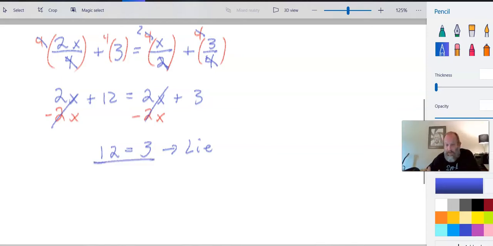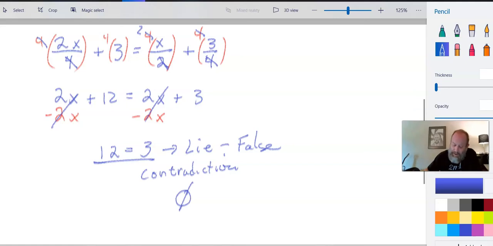And remember, we talked about when our x's go away, we look to see whether we have a true statement or a false statement. This thing is totally false, right? It is not true. 12 is not equal to 3. And what that means is we have a contradiction. Or you can also say that there's no solution, right?